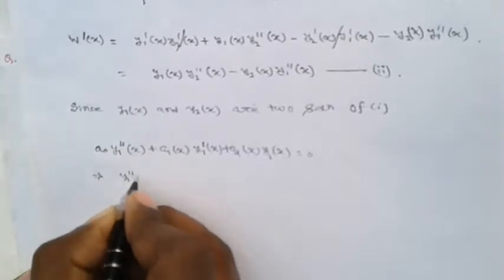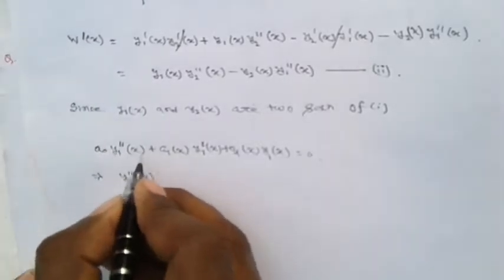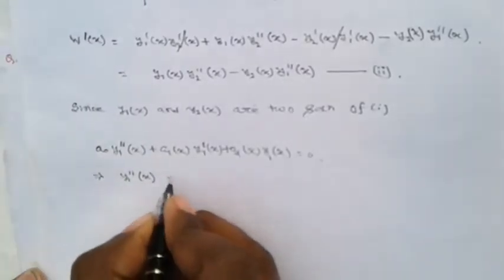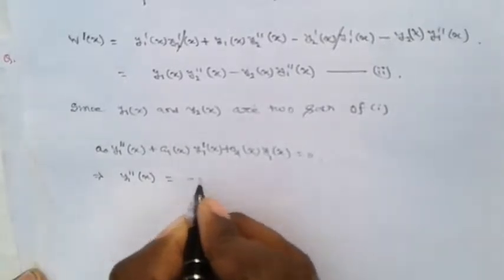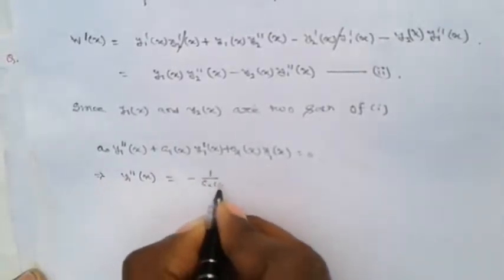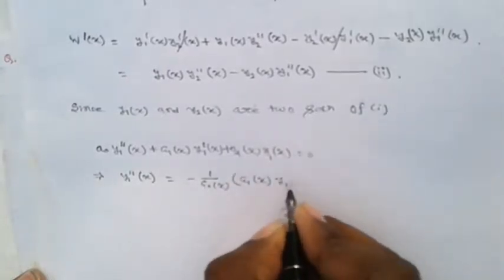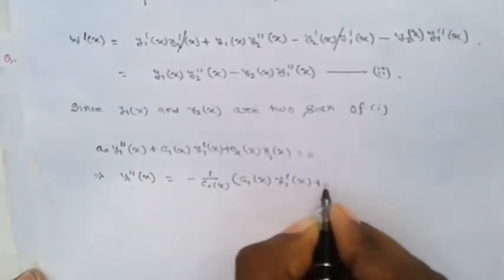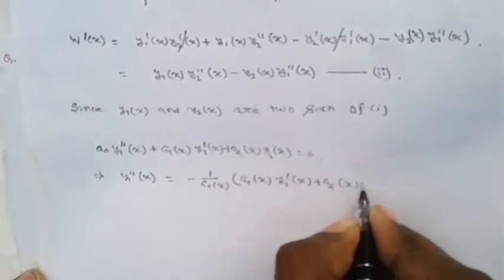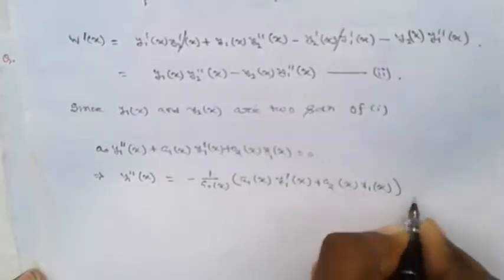Now from this we evaluate y1'', and this becomes minus 1 by a0(x) times a1(x) y1'(x) plus a2(x) y1(x).